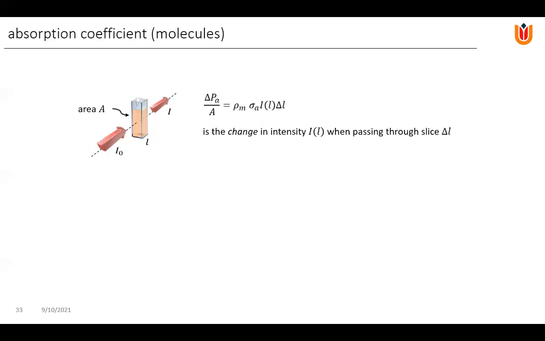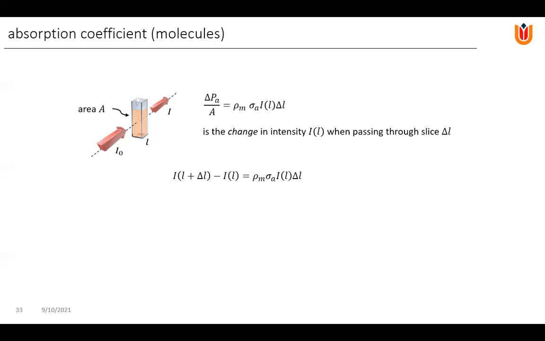And from that, so that is carrying over from the previous slide, the change in intensity you can write as a differential. So the intensity at some position L plus delta L minus the intensity at some position I of L, just one tiny step before that, is given by the previous expression.